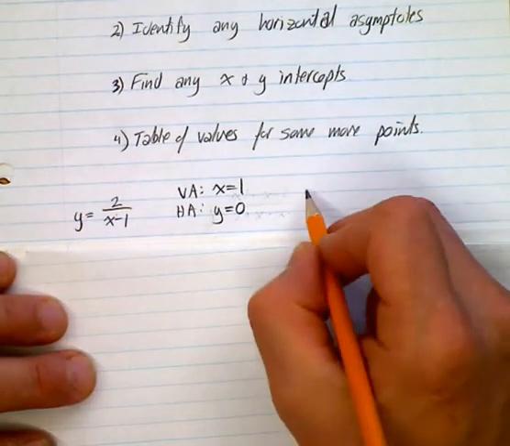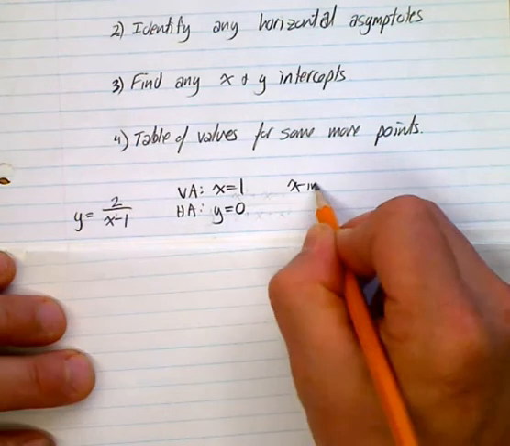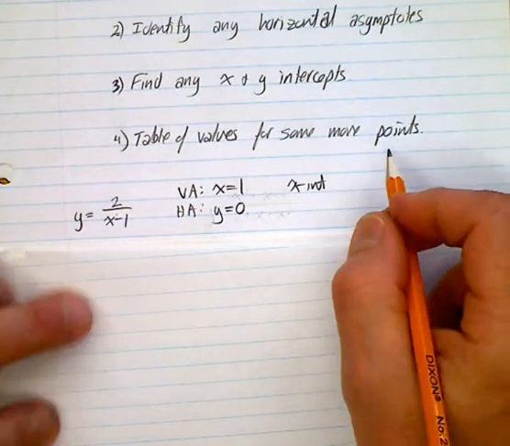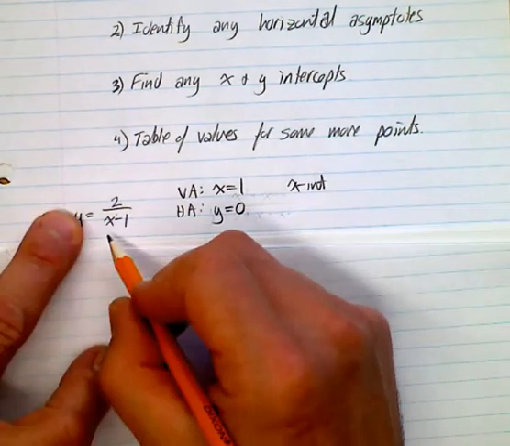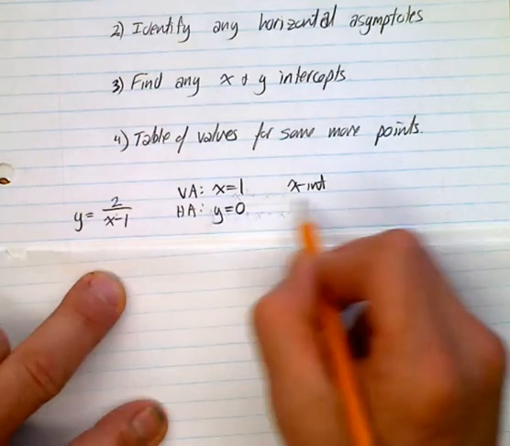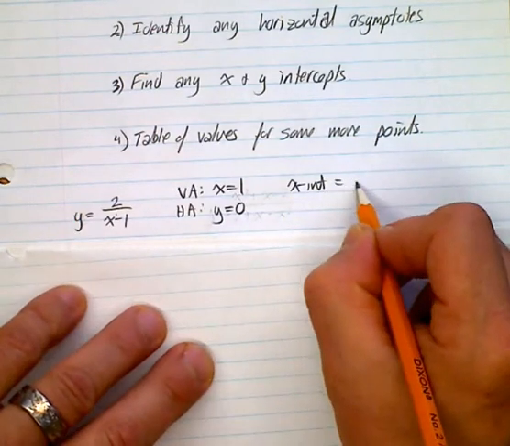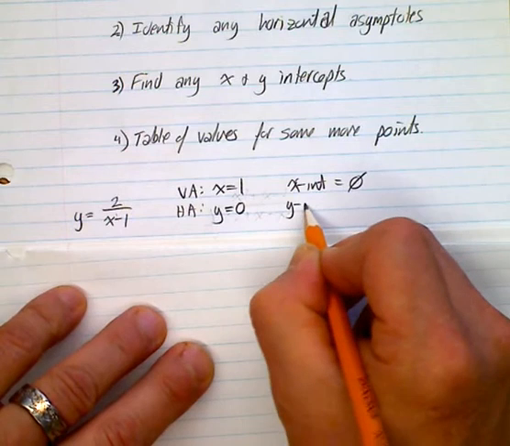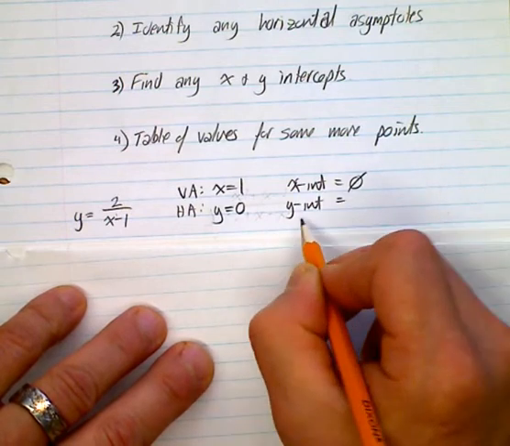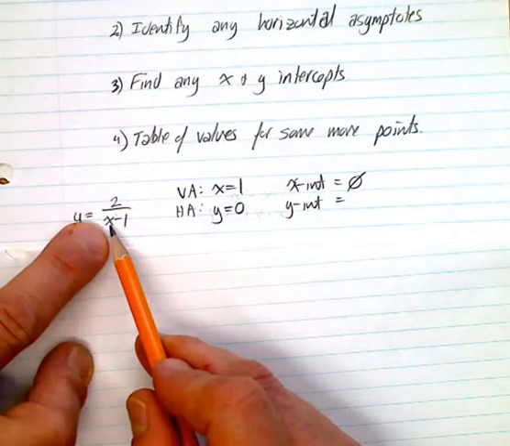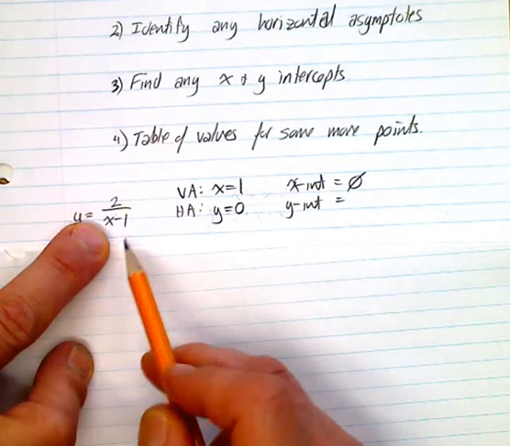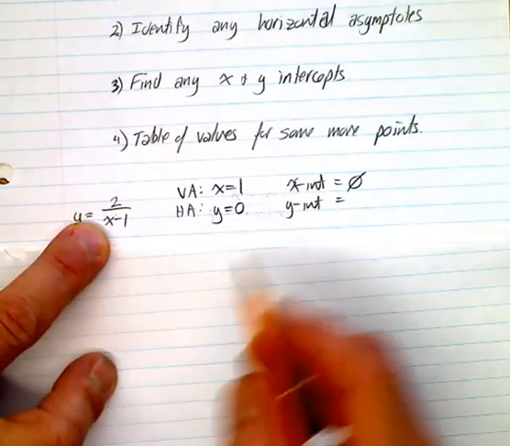For x-intercepts, y would be 0, but y equals 0 is your horizontal asymptote, so you don't have any. How about your y-intercept? It's where x is equal to 0, and 2 over negative 1 is negative 2.